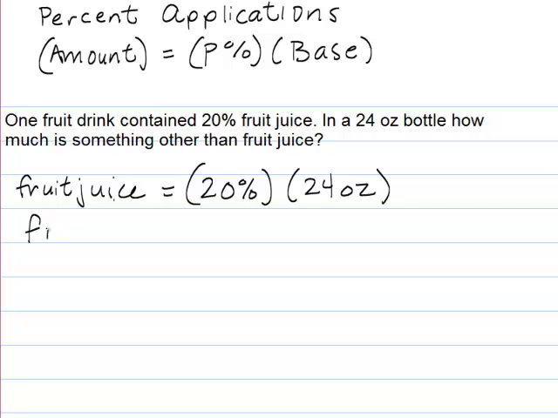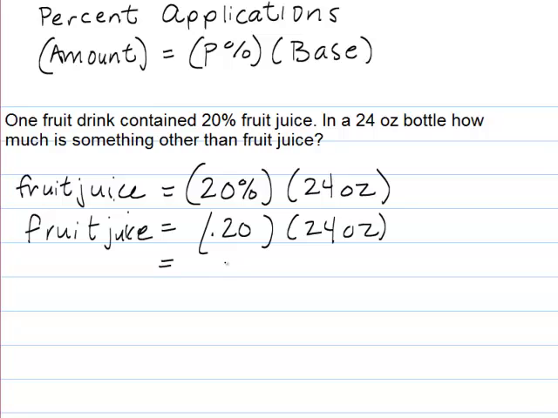Fruit juice would equal, then we just change the percent to a decimal, 20 hundredths of, again, "of" is always multiply, 24 ounces. This gives us 4.8 ounces of fruit juice.